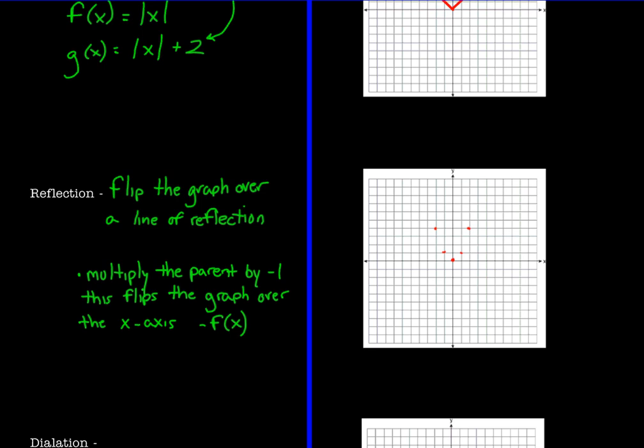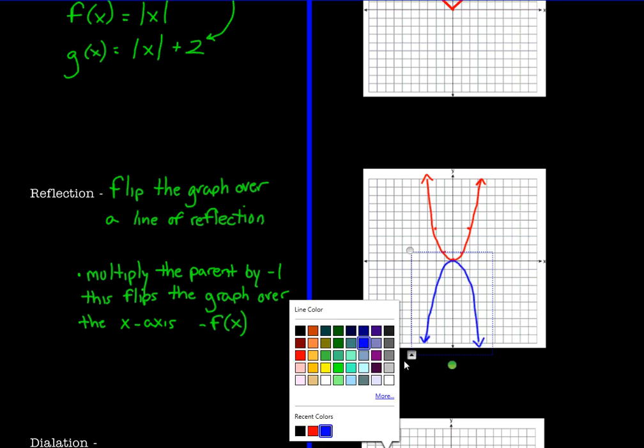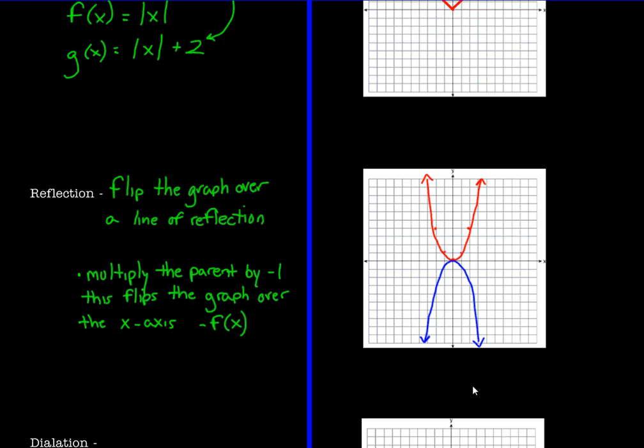If I draw that in real fast, it doesn't have to be perfect because we're just using them as an example. If I flip that thing, it would come in and be sitting like that. And let's change the color so we know it's the different one. The blue one is the transformation, sorry. It's a reflection. We simply flipped it over the x-axis.